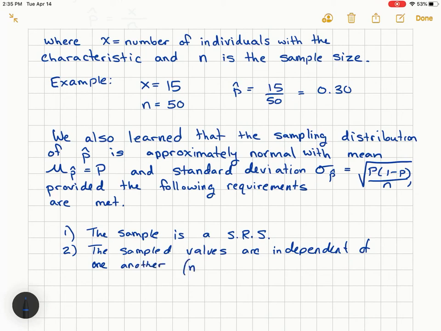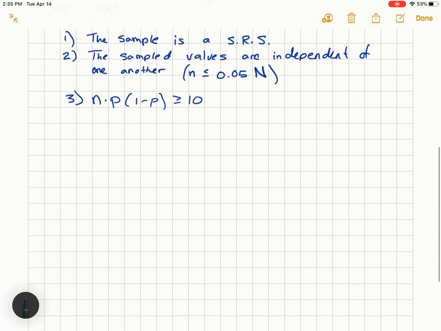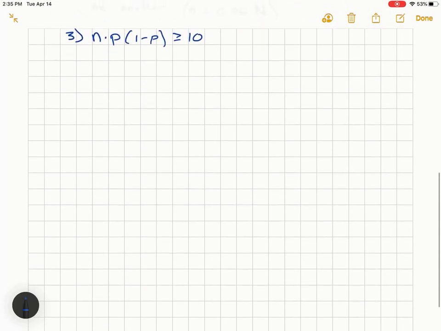And the way to guarantee that is your sample size is less than or equal to 5% of your population. And 3, n times p times 1 minus p is at least 10. So if you meet those requirements, you will have an approximately normal distribution for your sample proportions, the distribution of sample proportions.